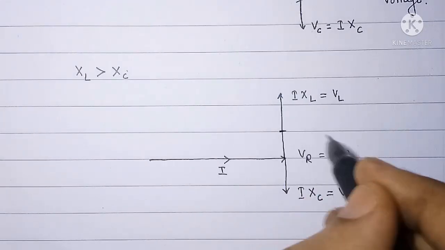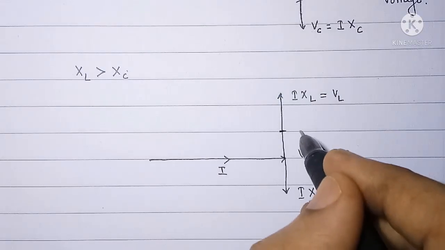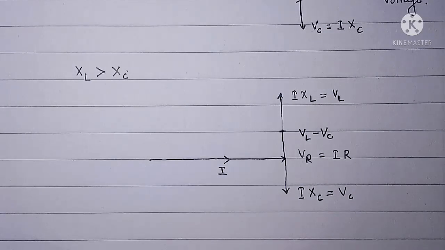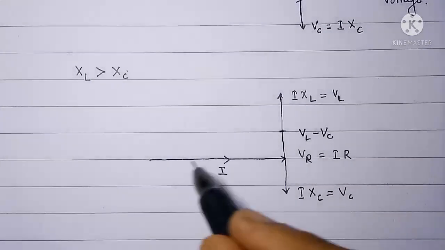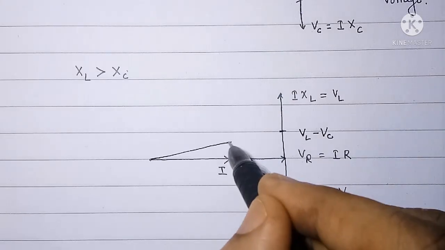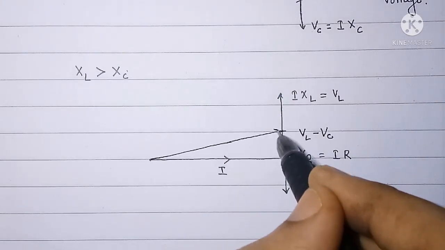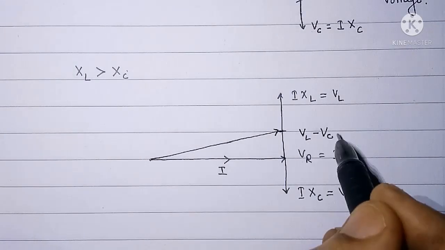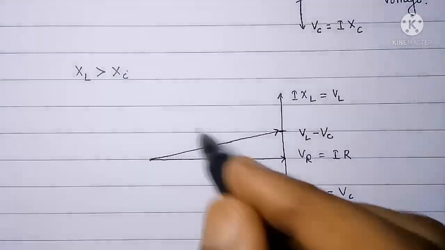This difference is VL minus VC. So supply voltage will now be equal to the phasor sum of VR and VL minus VC.